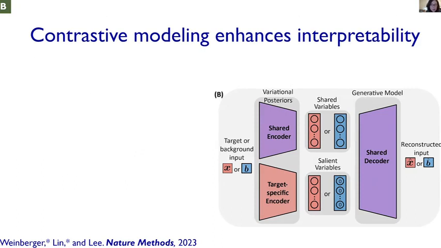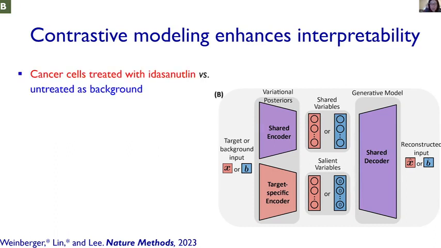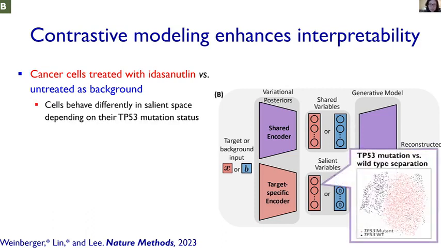So when we applied this architecture to data from drug-treated cancer cells versus untreated cells, we see that the cells behave very differently in the salient space depending on their TP53 gene mutational status.